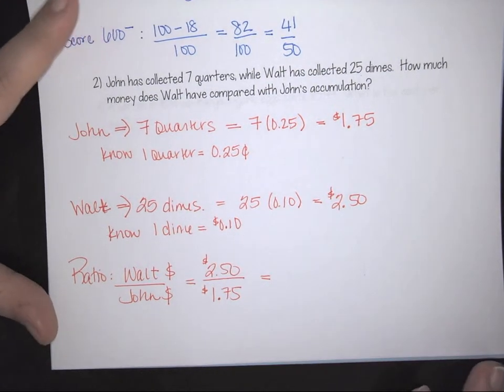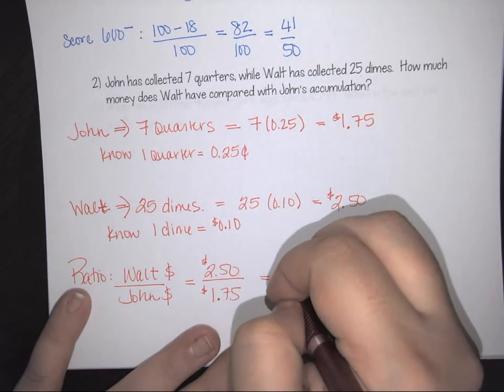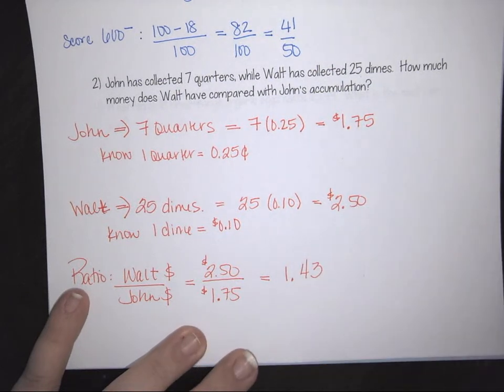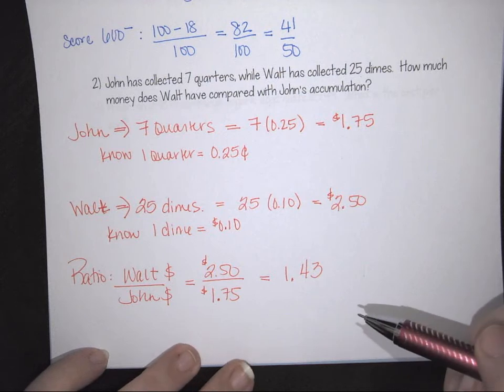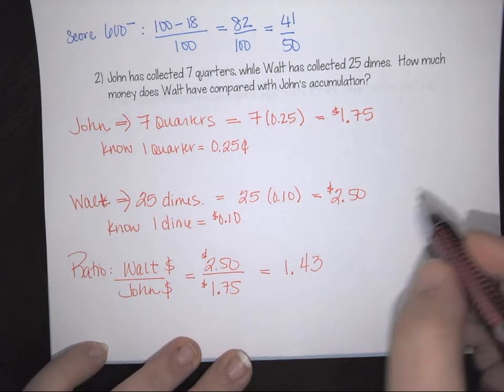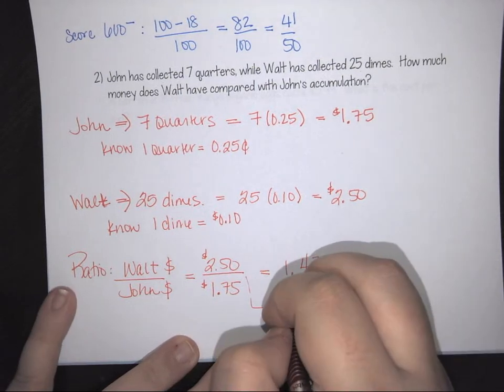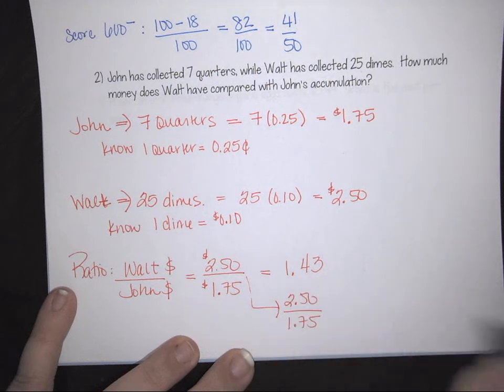And so there's a couple things that we can do with that. First of all, we have straight division, which would give us a ratio of 1.43. But the other thing that we have is fractions. So we could also look at it through the eyes of I have 2.50 over 1.75.